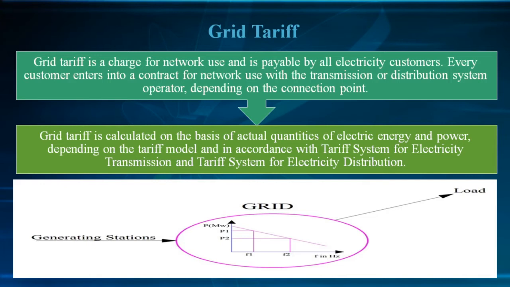According to their particular policies and norms, they make a contract with the customer regarding grid tariff services. Grid tariff is calculated on the basis of actual quantities of electric energy and power, depending on the tariff model and in accordance with the tariff system for electricity transmission and the tariff system for electricity distribution.